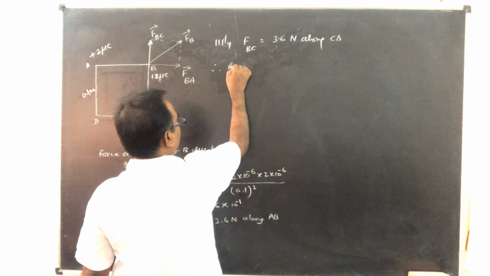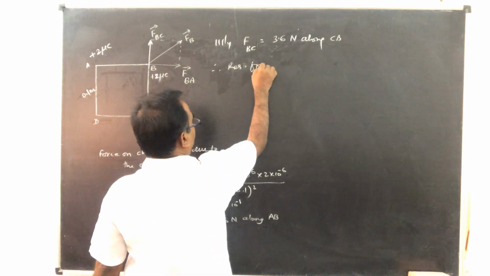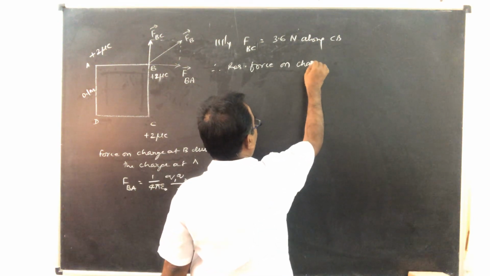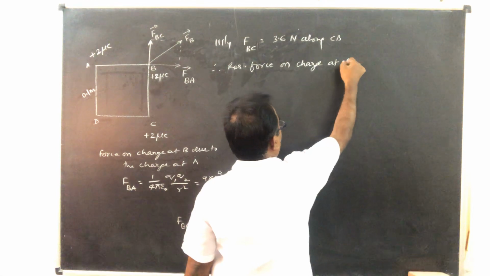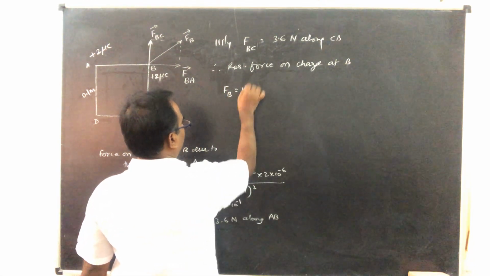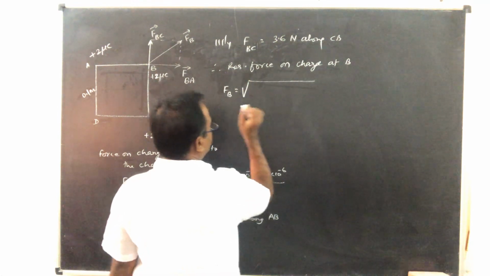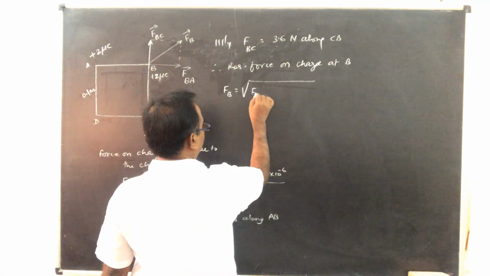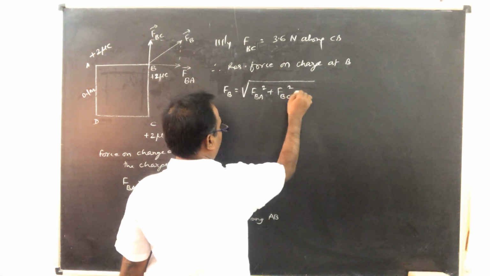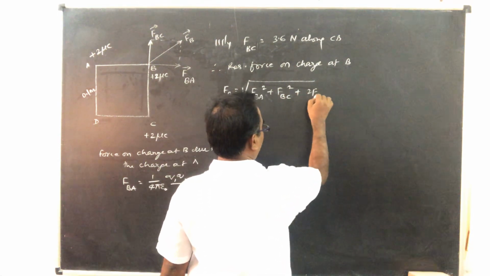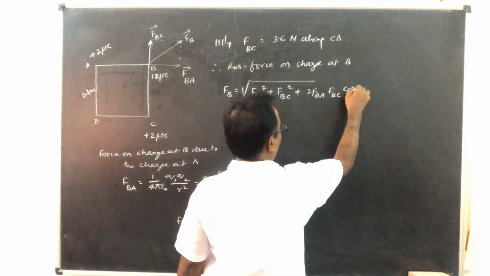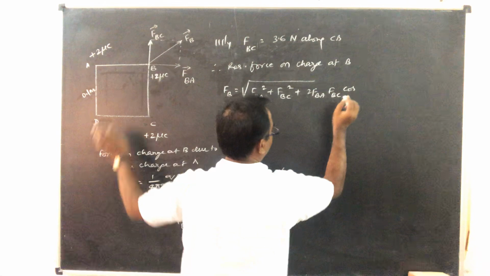Therefore, resultant force on charge at B, FB. So this is FBA square plus FBC square plus 2 FBA FBC cos, what is the angle between these two forces?